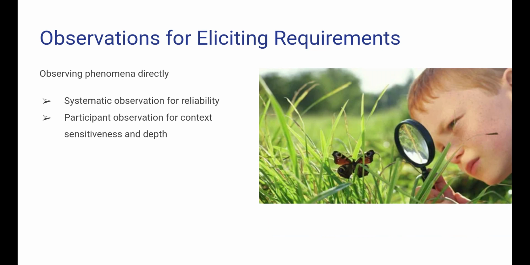Yet another way of eliciting requirements is to use observations, where you observe some phenomena. Here you can distinguish between systematic and participant observations. Systematic observations means that you have some predefined protocol according to which you carry out your observations, and you typically keep at arm's length distance from the objects or the people that you observe.